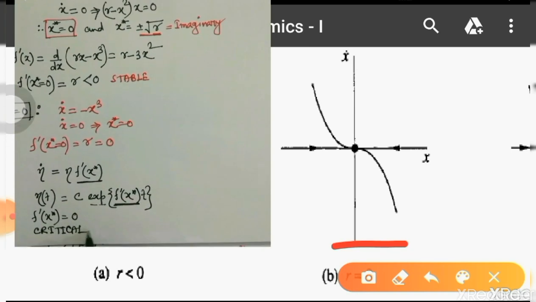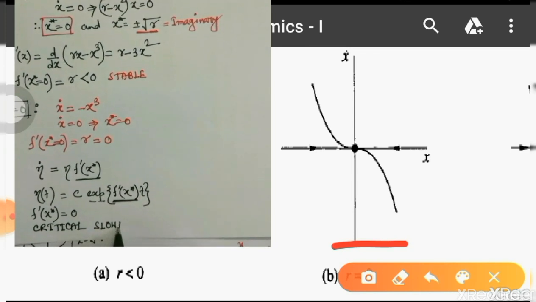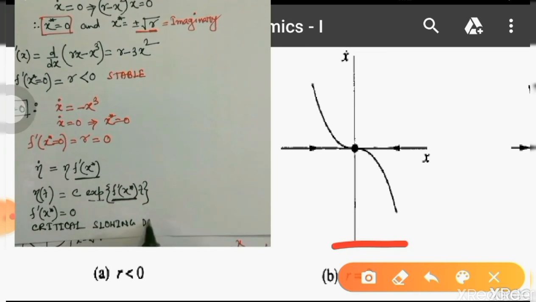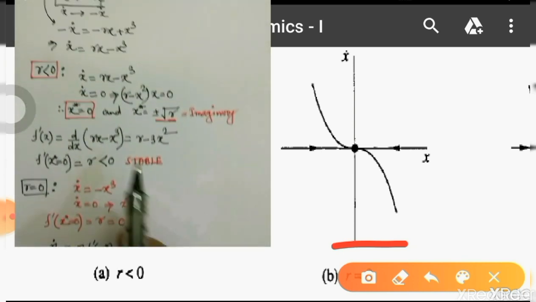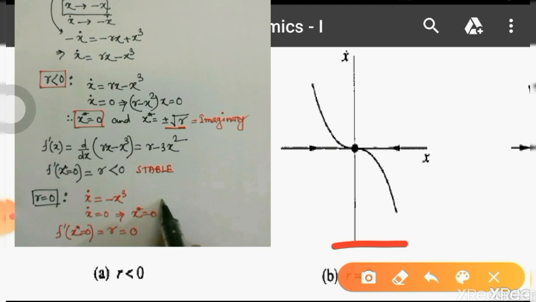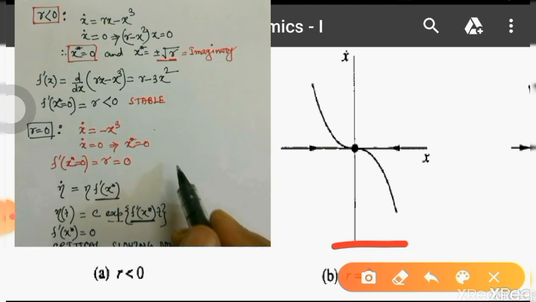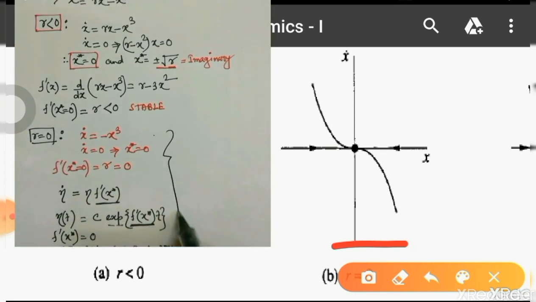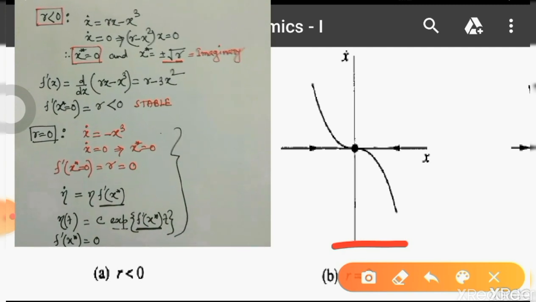So the condition r equals 0 is the condition of critical slowing down.